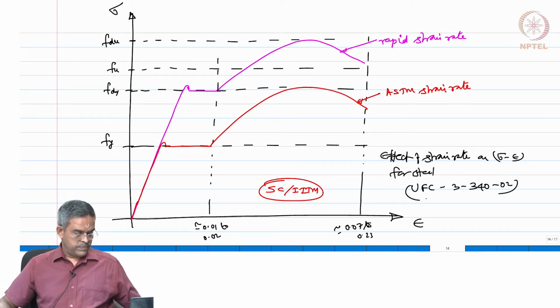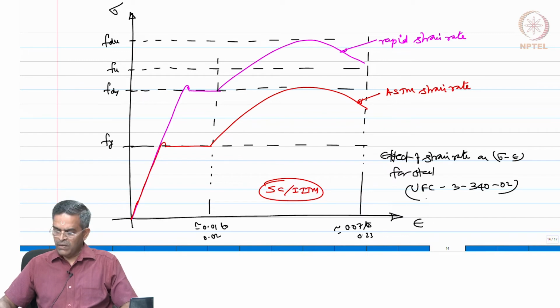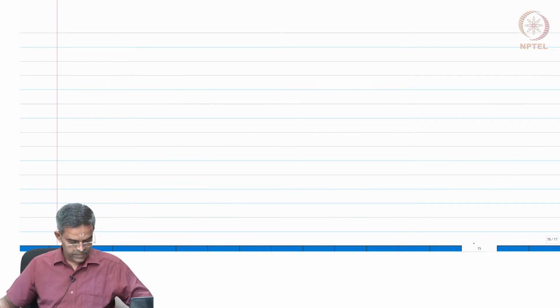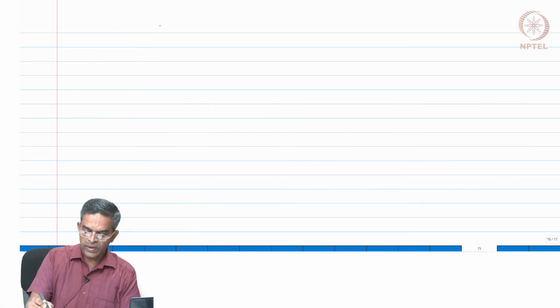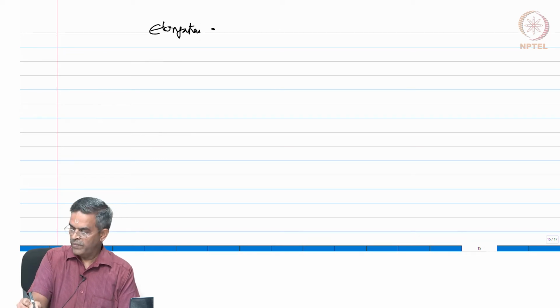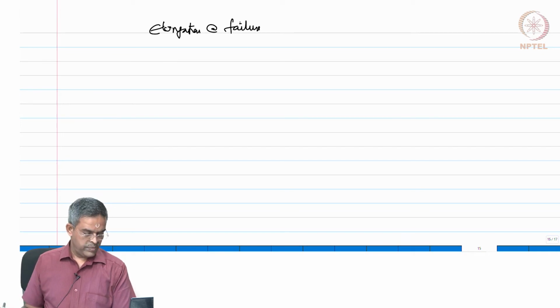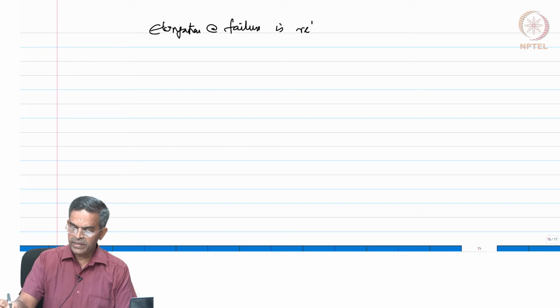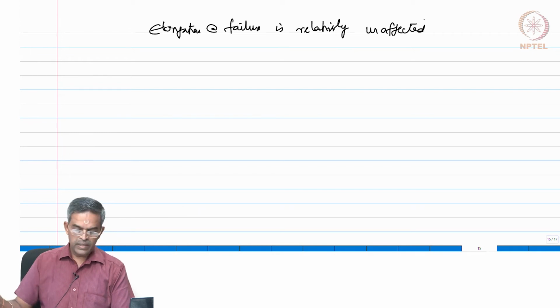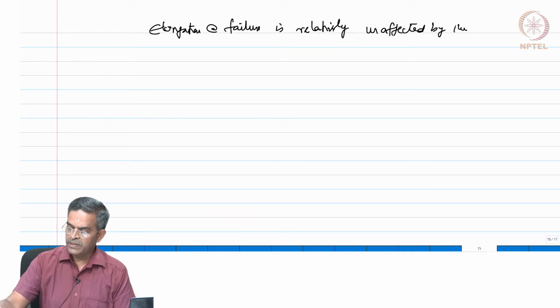Okay. One can very well notice that elongation at failure is relatively unaffected by the dynamic response of the material.